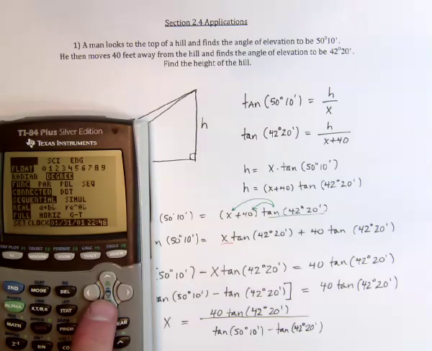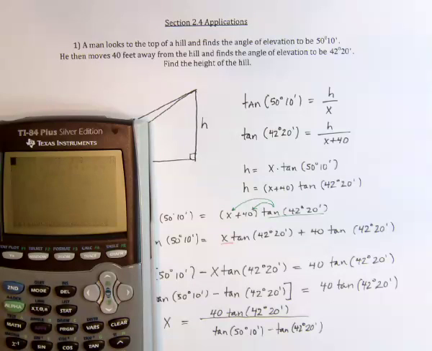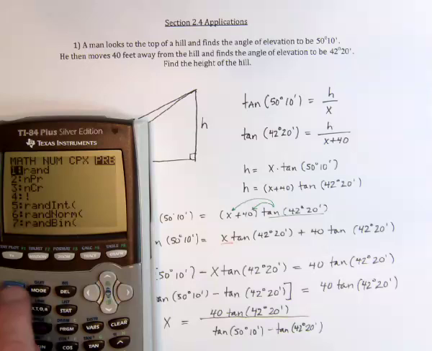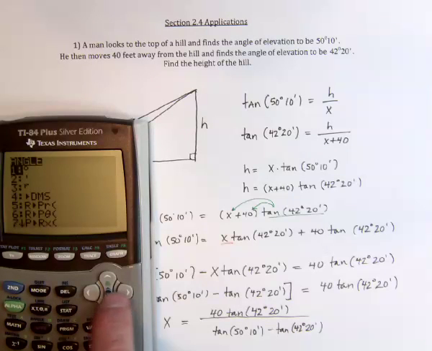First of all, make sure that it's in degrees. So we've got 40 times tangent of 42, and then where's that degrees? There it is, under angle.